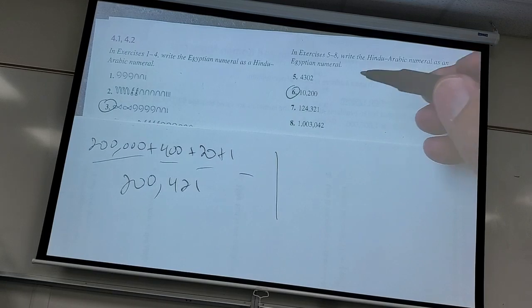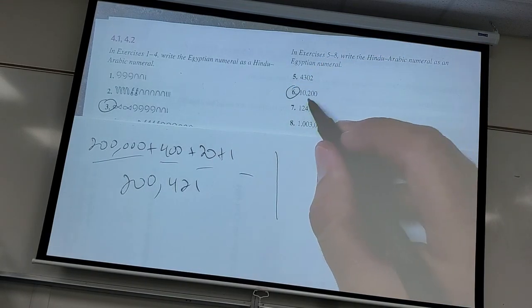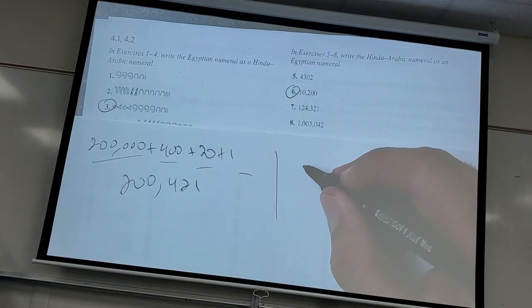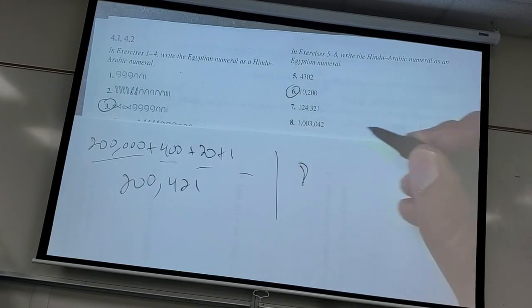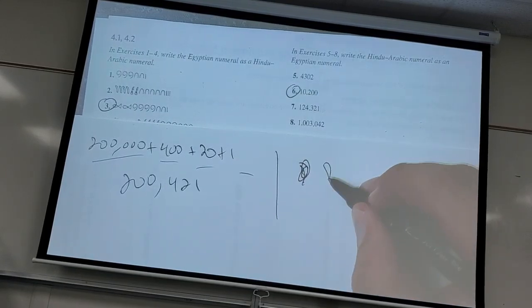Let me go over number 6. So how would I write this? 10,000 would be what symbol? Pointing finger? Oh man, my least favorite. Every time I draw it, it looks different. Let me just draw it like that, maybe.